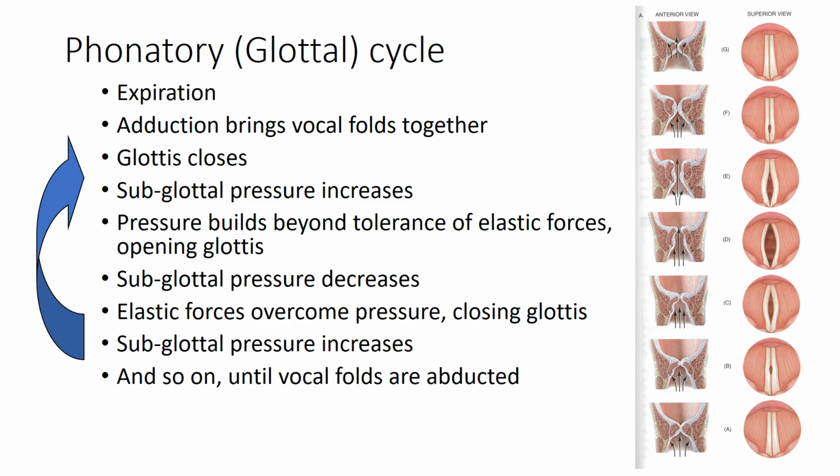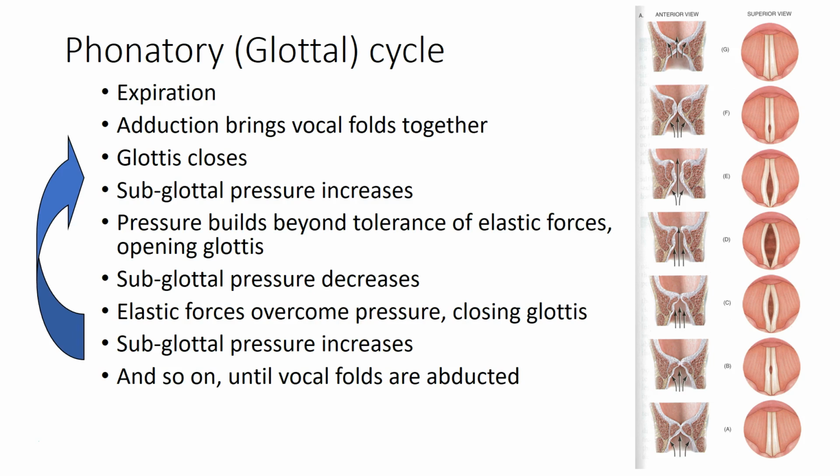The glottal cycle starts with respiratory expiration, airflow out from the lungs. You then adduct the vocal folds to bring them together. This closes off the glottis. Once the glottis is closed, subglottal pressure increases. Eventually, that subglottal pressure increases beyond the tolerance of the elastic forces, and the glottis is pushed open, the vocal folds are pushed apart.